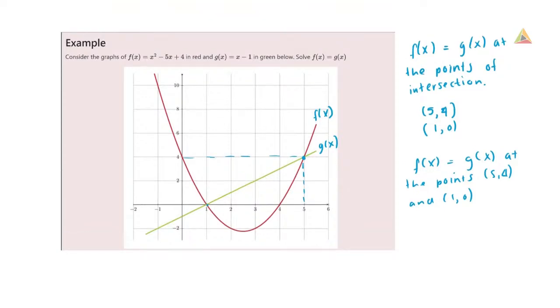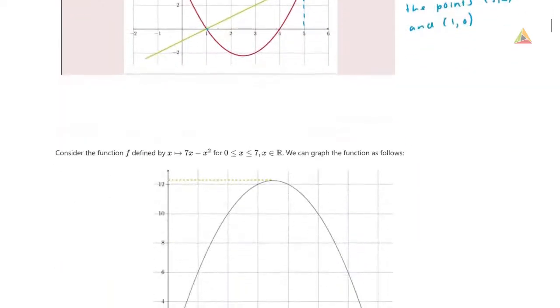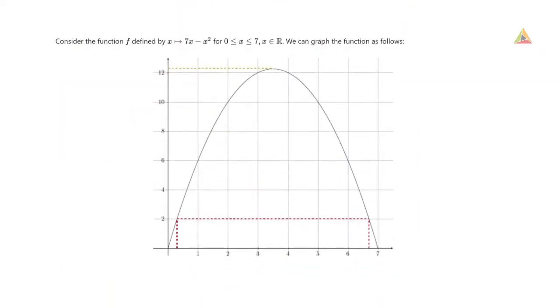Okay, so we're going to go on to the next type of graph now. You can see this time the x squared term is negative. Consider the function f defined by f of x equals 7x minus x squared in the domain 0 to 7, where x is an element of the reals. We can graph the function as follows.